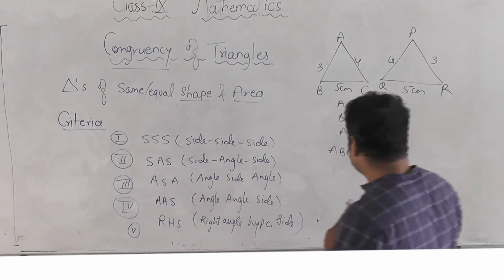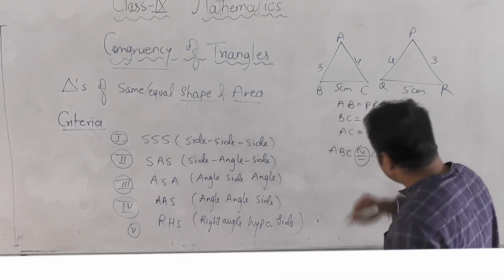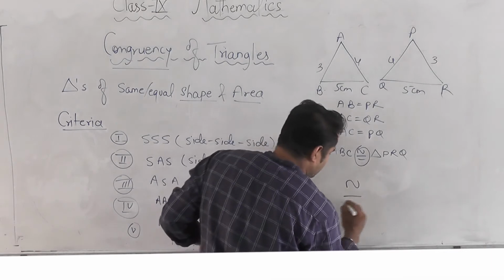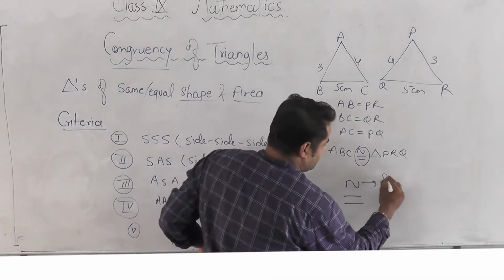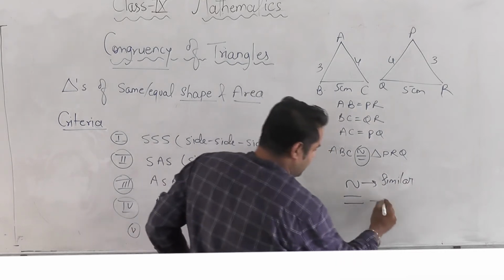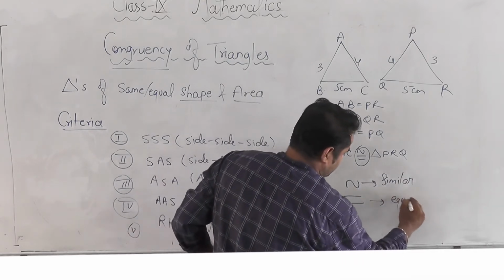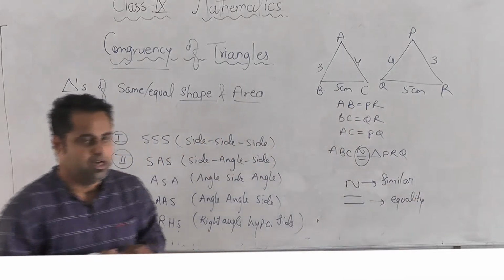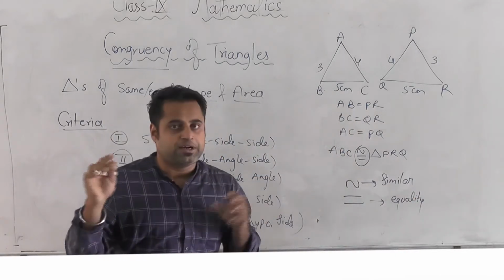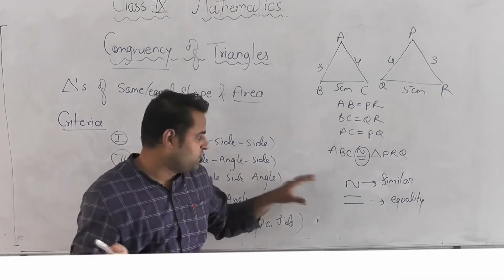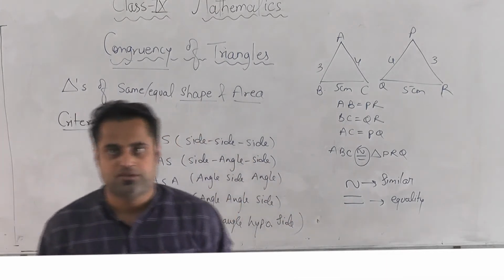This is the symbol of congruency, and it has a meaning. This upper side is showing the similarity, so this means similar, and this is equal in area. So whenever a triangle is similar and equal in area to another triangle, only then can we call it congruent.